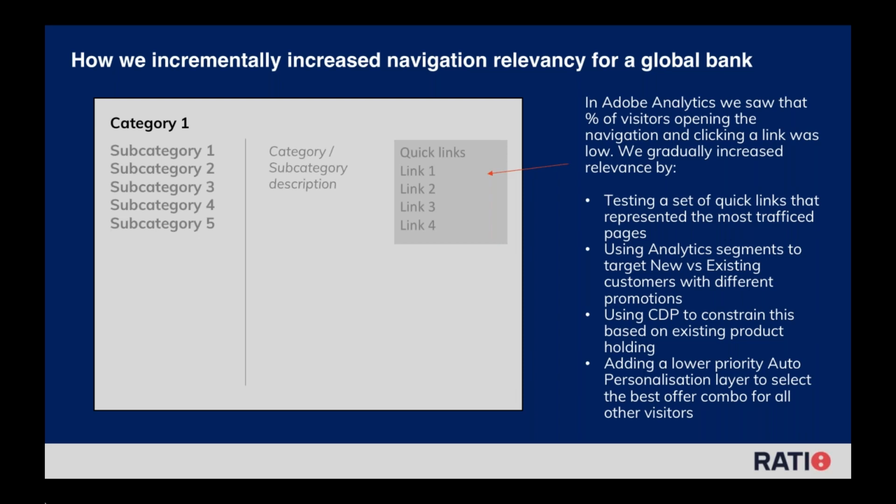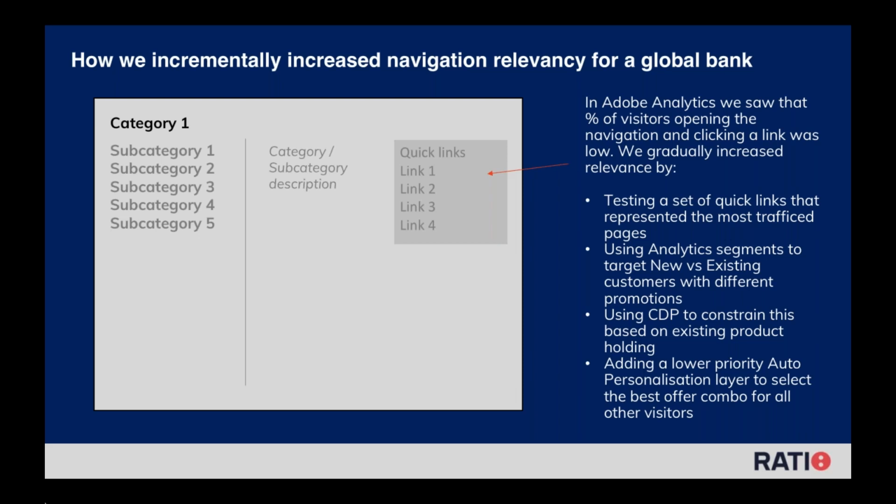And we found that by virtue of the fact that the navigation menu had been built some time ago, the products or content links that were being presented no longer actually reflected what users were trying to look at. So the first thing that we did was to use Adobe Target simply to do an A/B test in order to validate that if we showed links that were more popular based on general traffic volume to those pages, would we increase utilization of those links and effective utilization of the navigation menu? Lo and behold, we were able to do so.